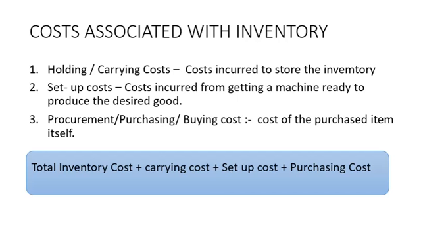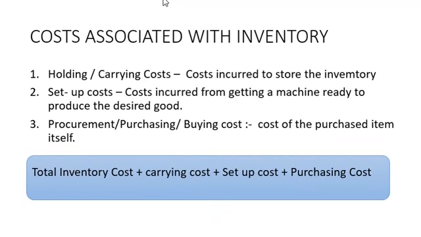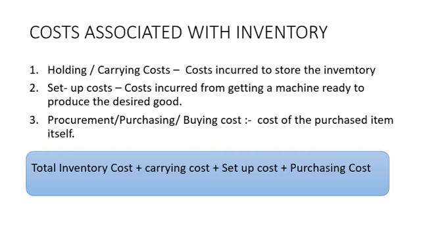And moving on to the next important cost, that is purchasing cost or buying cost, which is the cost of the purchased item itself. So these costs are the purchase price for the items that are bought from outside sources and the production costs if the items are produced within the organization.